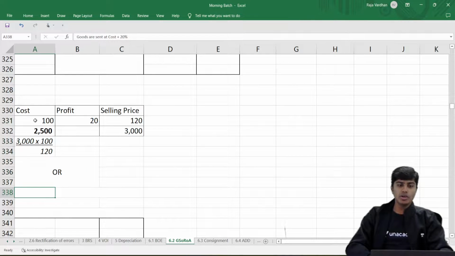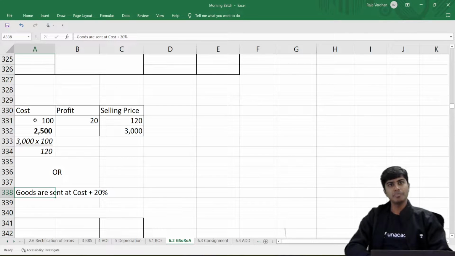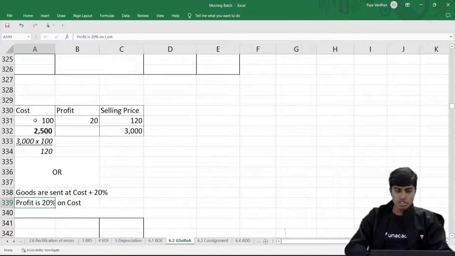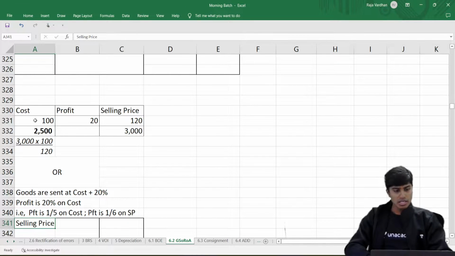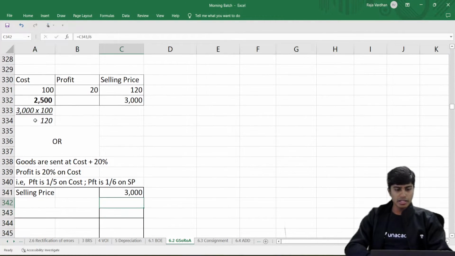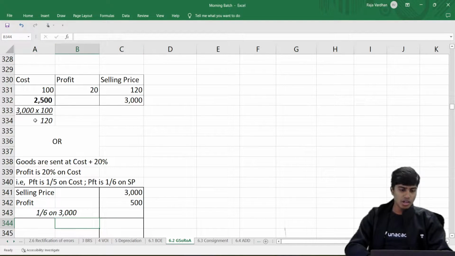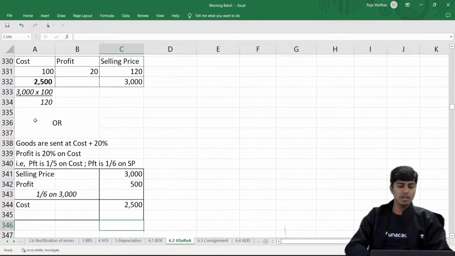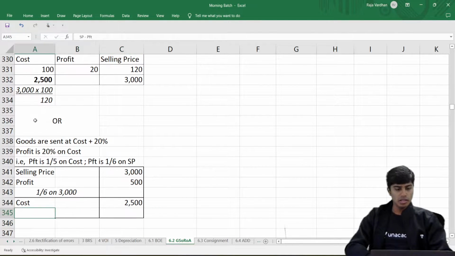Instead of doing this, you can do the same working differently. Goods are sent at cost plus 20%. That is 1 by 5 on cost. 1 by 5 on cost is 1 by 6 on selling price. Selling price is 3,000. Profit 1 by 6 on sale is 500. Cost will become 2,500. You can find it this way as well.